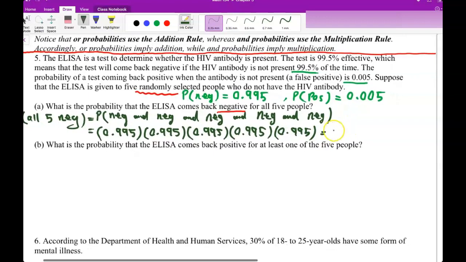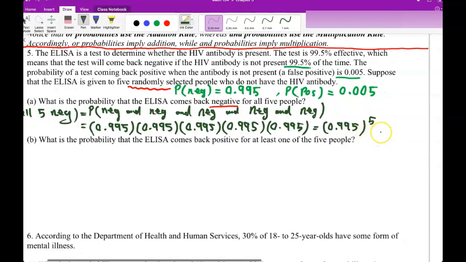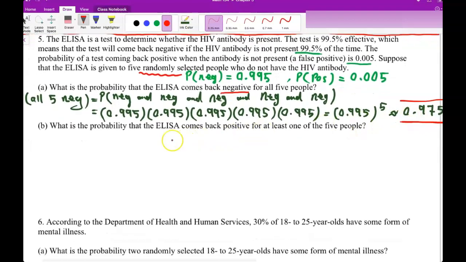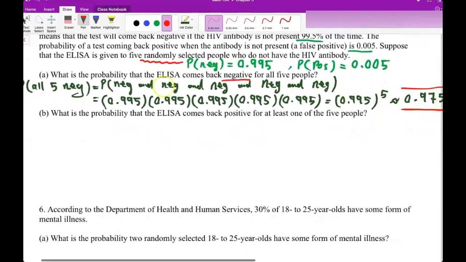So that is equal to, instead we can write this way, use power. And rounding is 0.9752. So that was the answer for part A.